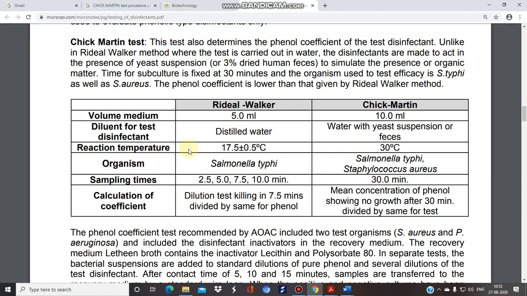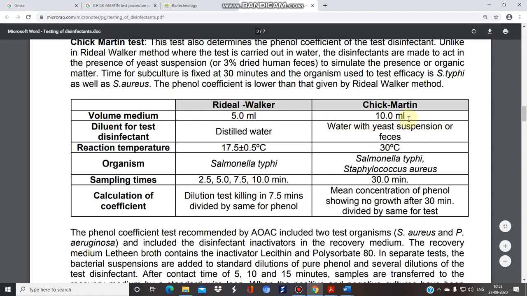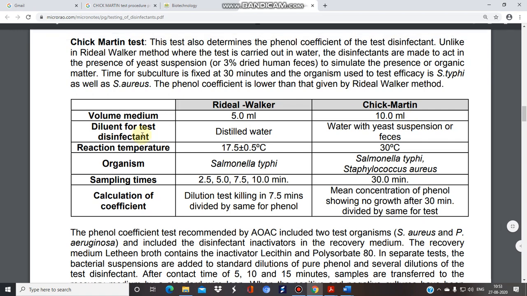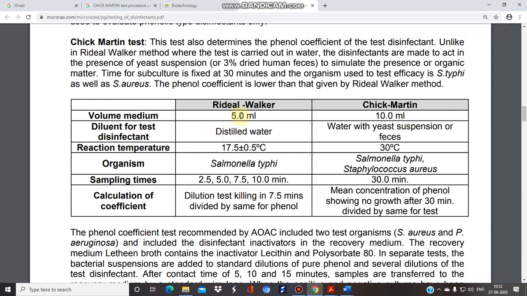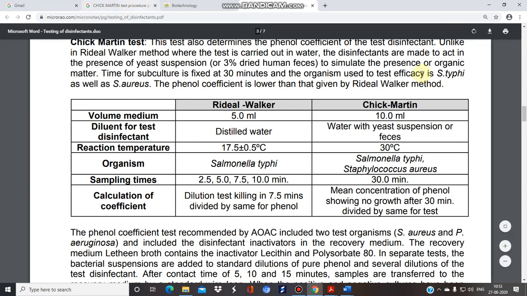The temperature in the Rideal-Walker test is 17.5 plus or minus 0.5, whereas in the Chick-Martin test it increases to 30 degrees Celsius. The volume of media in the Rideal-Walker test is 5 ml, whereas in the Chick-Martin test it is 10 ml. The diluent in the Rideal-Walker test is distilled water, whereas in the Chick-Martin test we use water with yeast suspension or feces as organic matter.